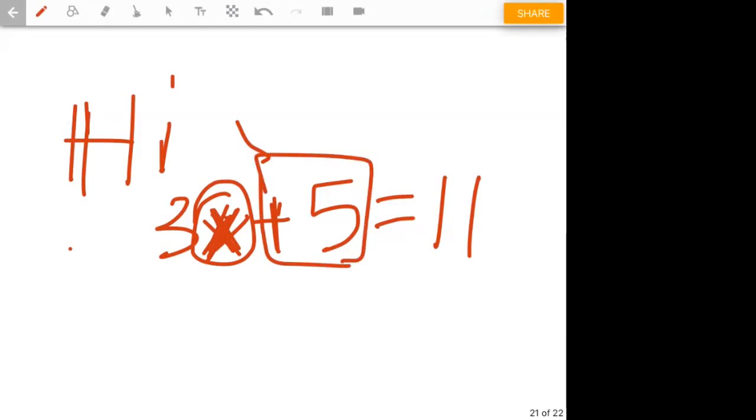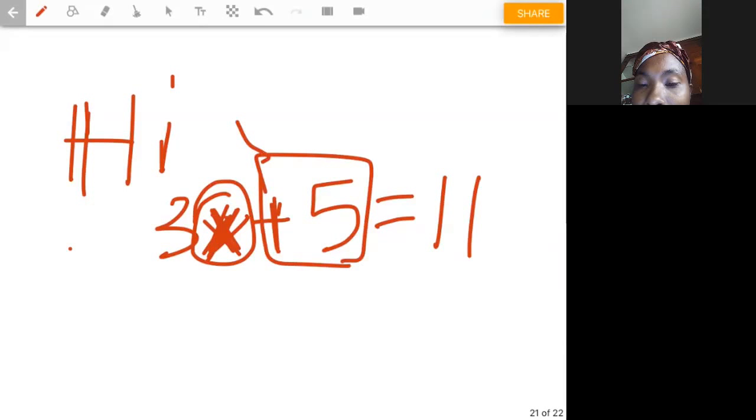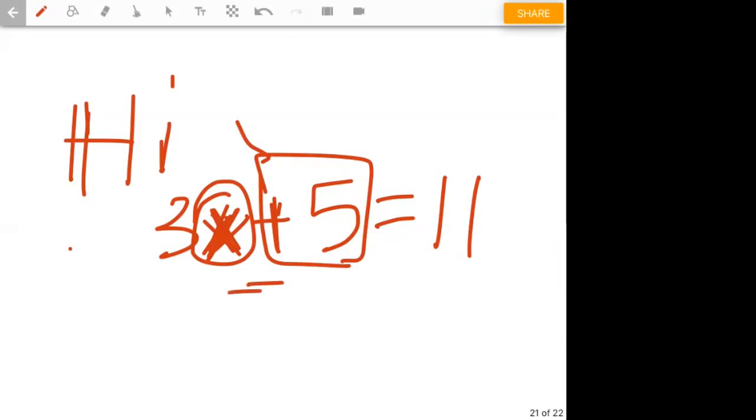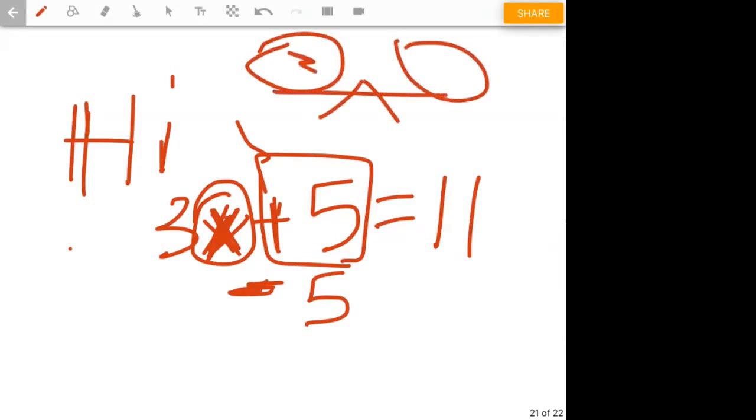So to get it out of there, you're going to do the opposite. So what's the opposite of add? Subtract. Good. So we're going to take away 5, and you want to think of this as a balanced scale. So whatever you do on one side, you have to do on the other, otherwise it's going to tip. So if we subtract 5 on the left side of the equals, we've got to do it on the right.